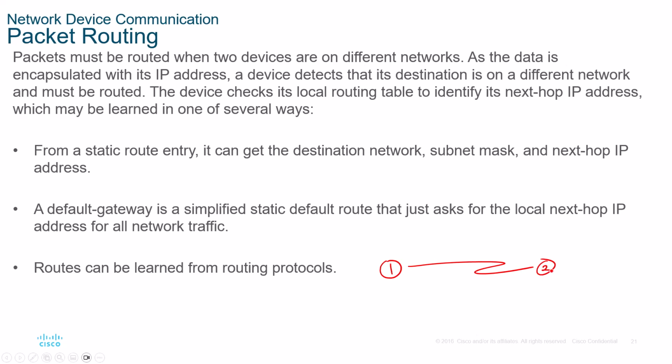Router 1, router 2. We receive a frame. So we have our source IP, destination IP, MAC.